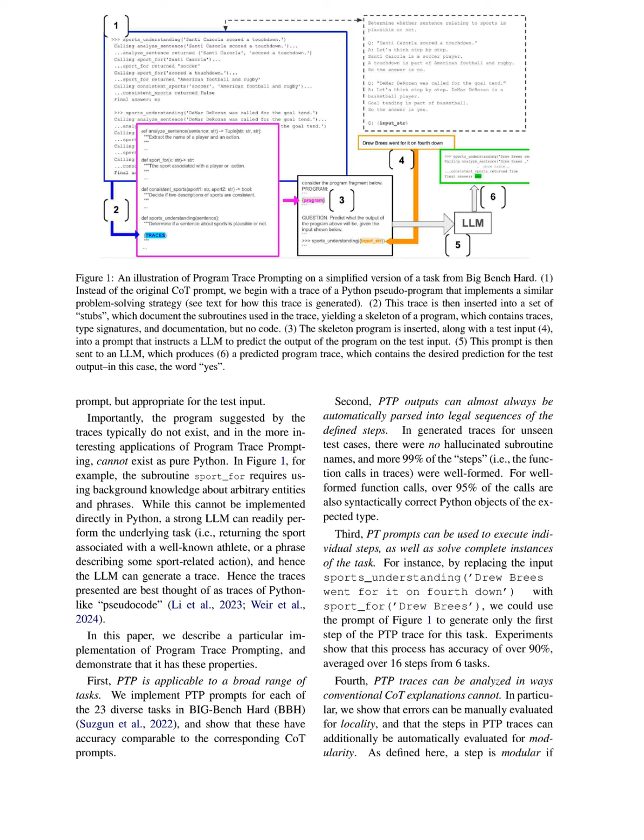The PTP algorithm generates a trace that includes a sequence of function calls, such as analyze_input, followed by sport_for, and potentially other subroutines like consistent_sports. The output of this trace is the final answer produced by the last function call, which in this case would be the sport associated with Drew Brees, typically football.